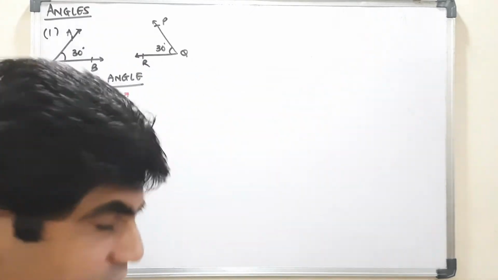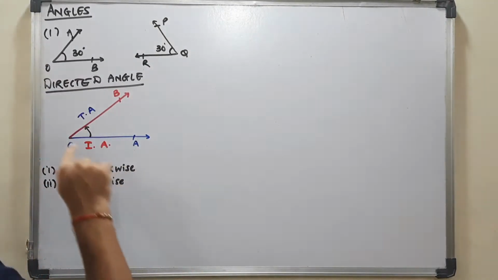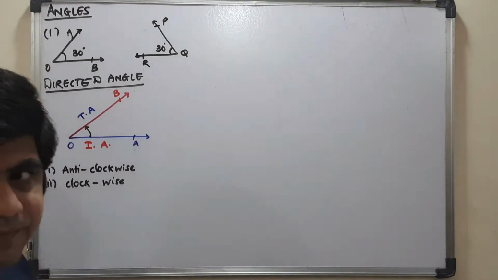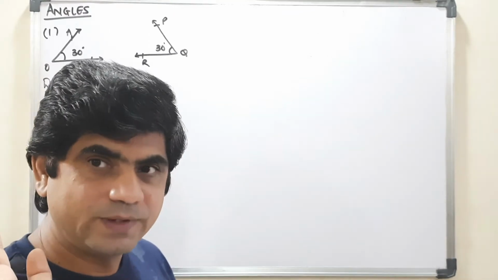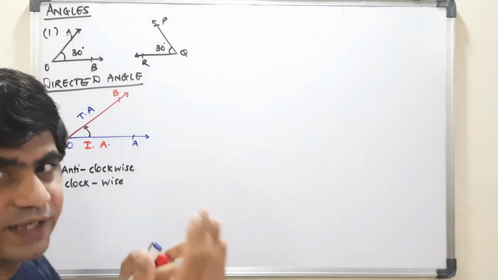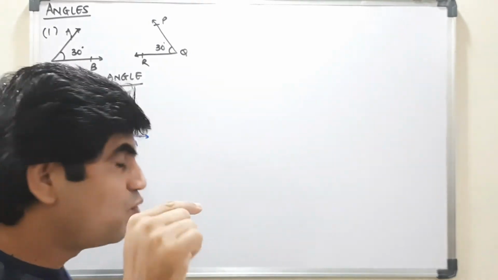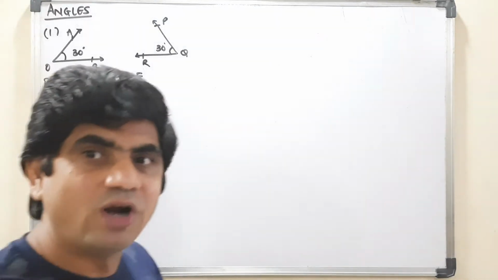So I got what? The initial arm is rotated about a fixed point, in either the clockwise or the anti-clockwise direction, to attain the terminal position for the first time.